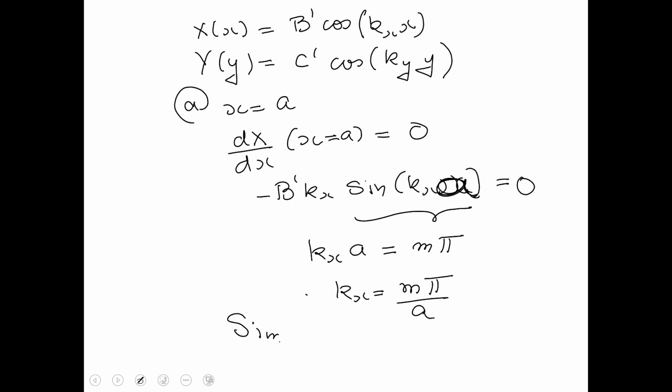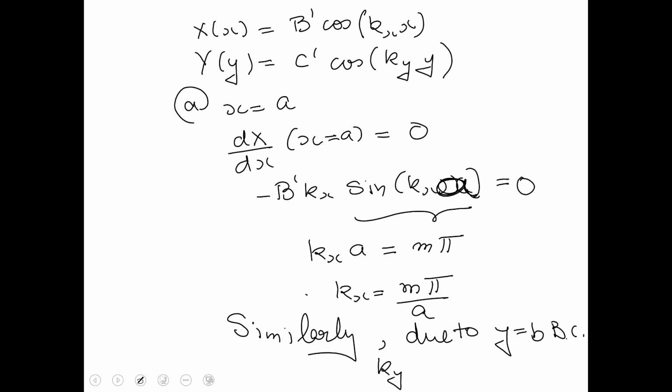Similarly, applying the boundary condition at y is equal to b, my ky has to be of the form of n pi by b.